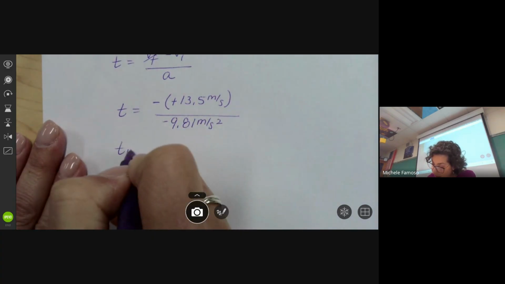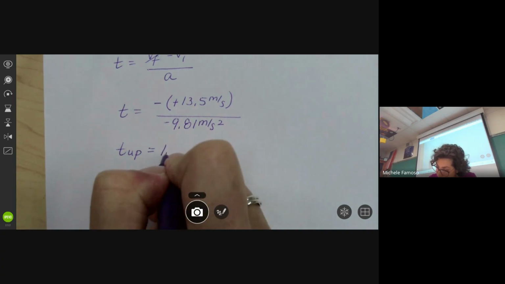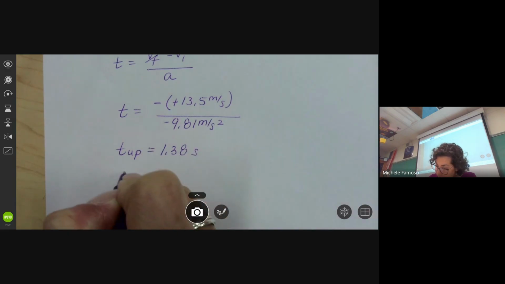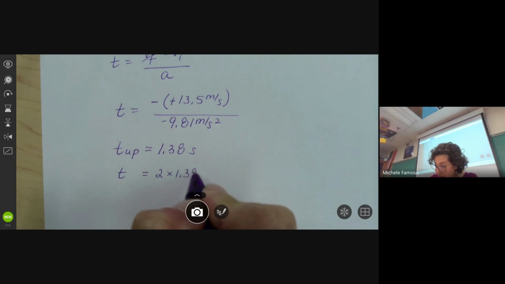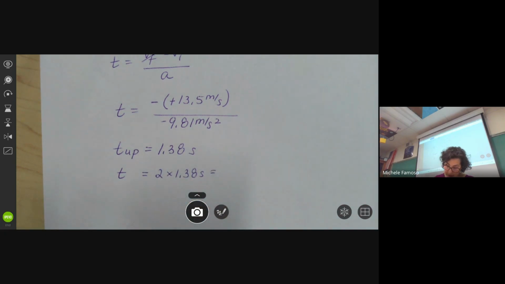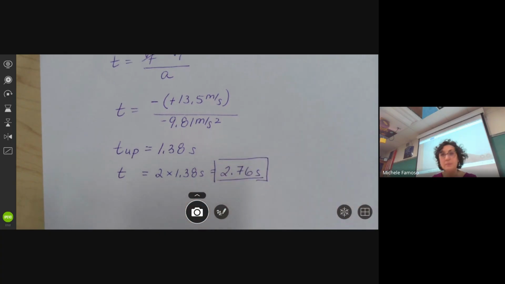This is going to give me the time going up. 13.5 divided by 9.81, because those negatives are going to cancel, gives me 1.38 seconds, which means the hang time is twice that value, which gives you, I think, one slightly different answer than I gave you, 2.76 seconds for the hang time. Okay, and that's how you do part A.